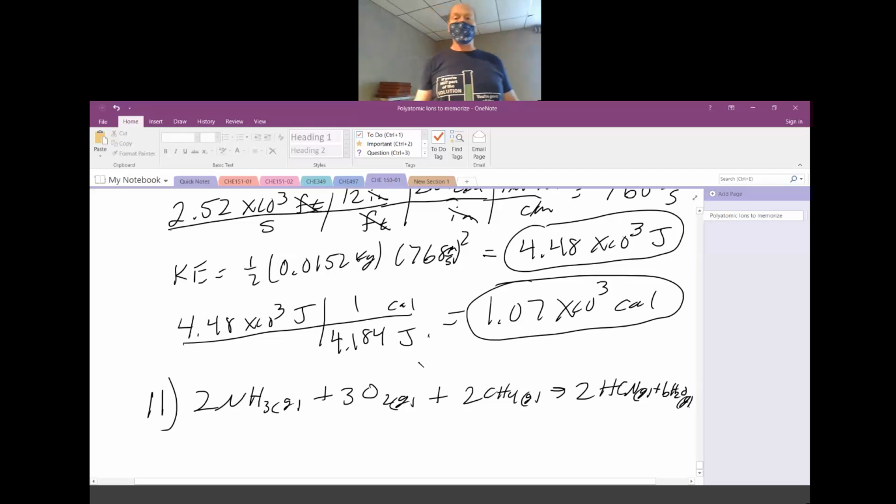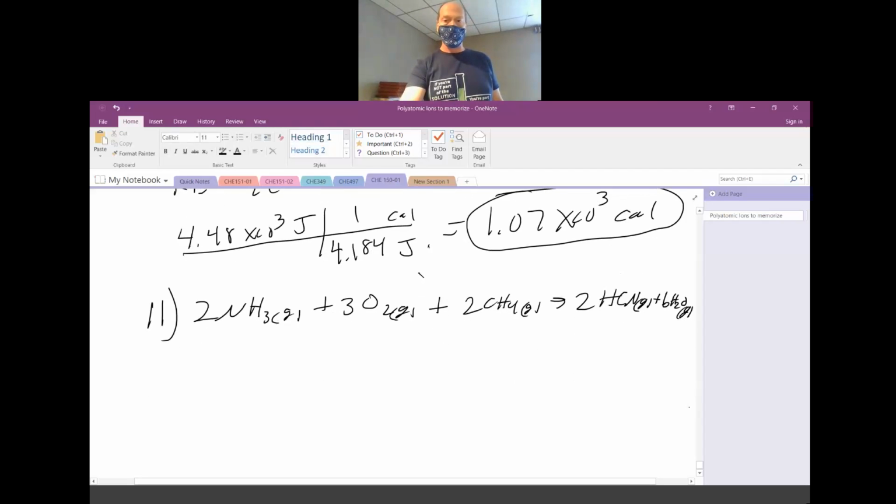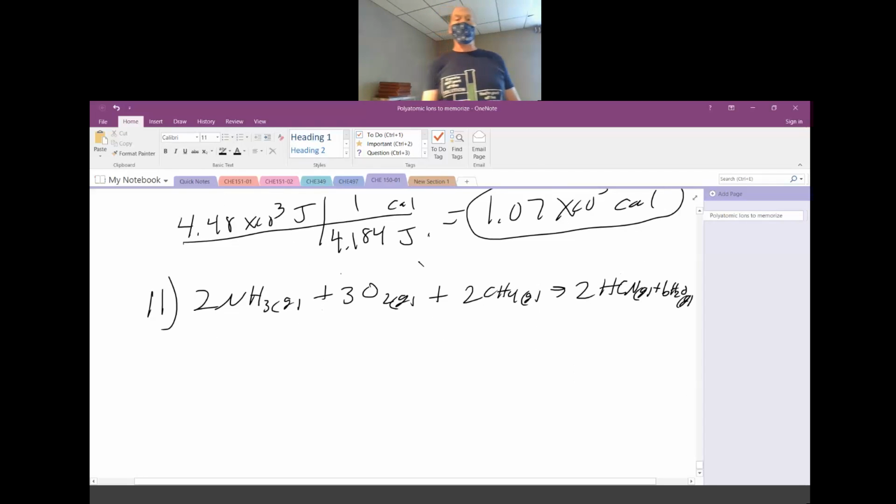All right, so this reaction, all of the reactants and the products are gases. So you can read it in terms of moles, always any reaction in moles. 2 moles reacts with 3 moles and 2 moles to give 2 moles and 6 moles. When they're all gases, then and only then can you use volumes. You could say 2 liters of NH3 reacts with 3 liters of oxygen gas and 2 liters of CH4 gas to produce 2 liters of HCN and 6 liters of H2O. You can only use a volume when everything is a gas.